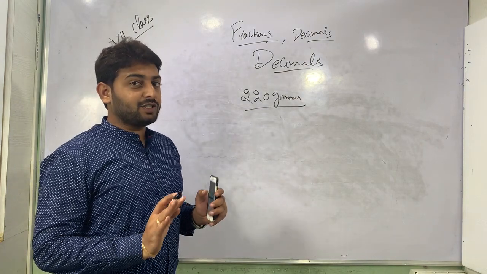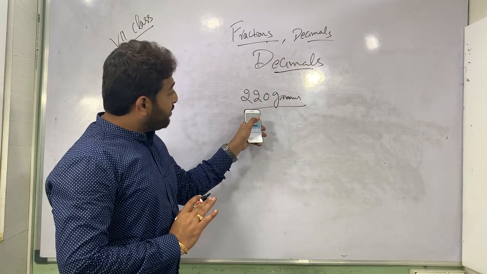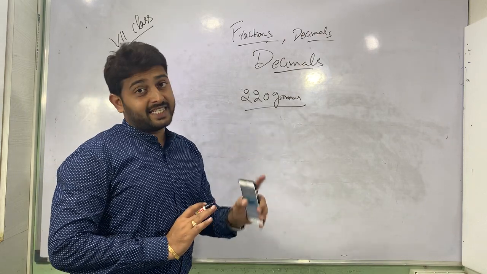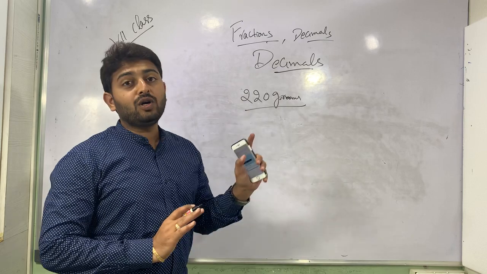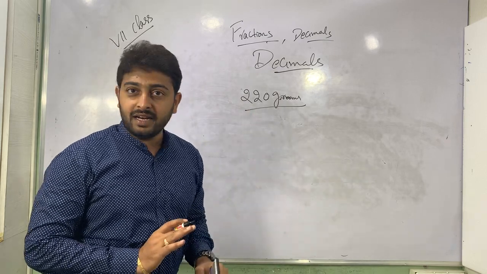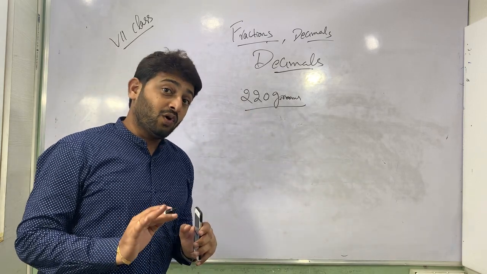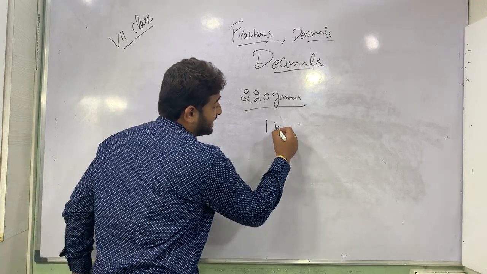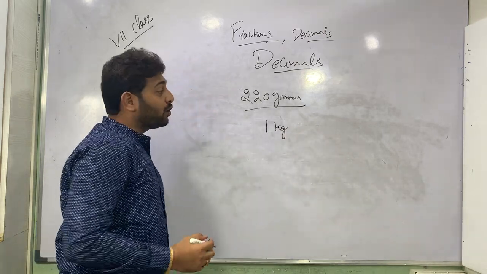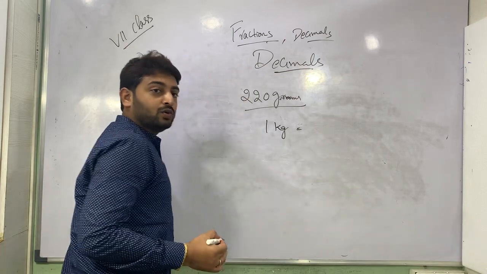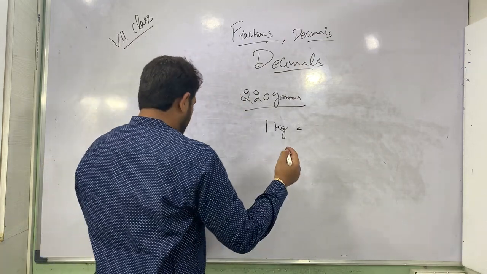So you need to tell the shopkeeper the amount of 220 grams in kgs. So first you need to know how to convert grams into kgs. Before that you need to know how much 1 kg has. 1 kilogram equals 1000 grams.